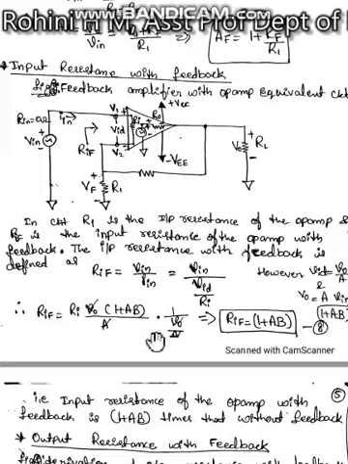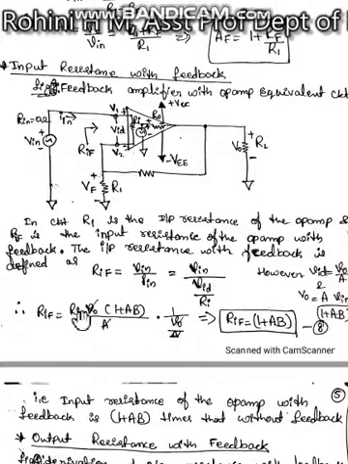Therefore, VID is given as V out by A. Substituting that, V out can be written as A into V in divided by 1 plus A beta from the previous result. So substituting that in the expression, RIF can be written as, the denominator of the denominator comes to the numerator, that is RI.